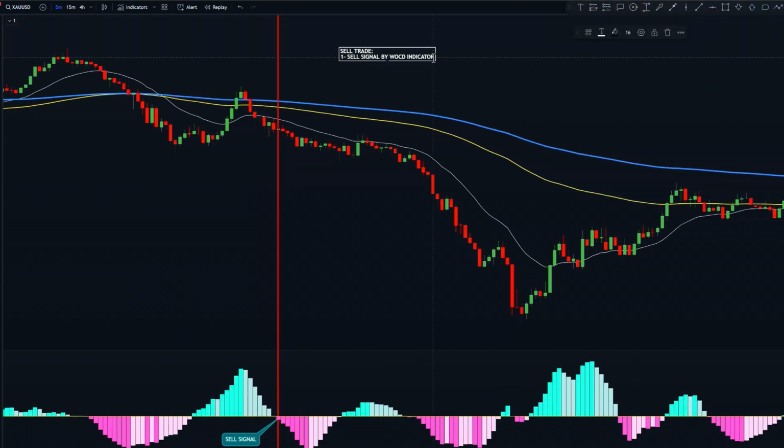Next, it's crucial to make sure you're trading in line with the market's downtrend. This means the overall direction of the market is moving downwards. Remember those moving averages we talked about? They're your best friends. If the price is below the moving averages, it's a good sign that the market is trending down.